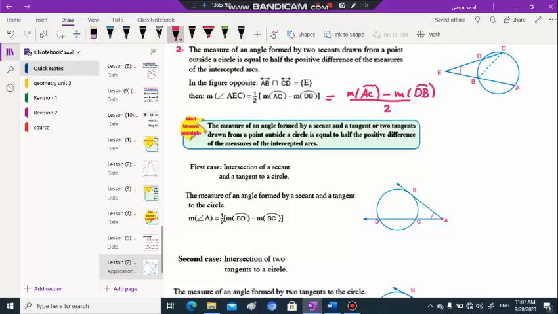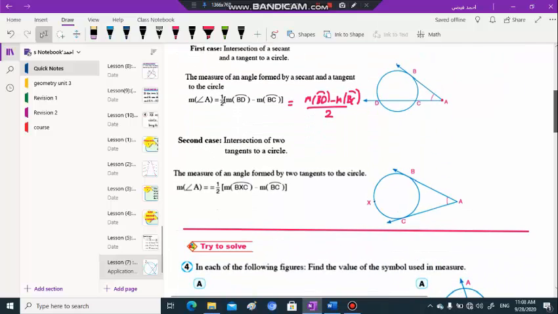So the measure of angle A is half times the measure of arc BD minus the measure of arc BC. Or we can write it as the measure of arc BD minus the measure of arc BC, divided by 2. And we have the second case, the intersection of two tangents to a circle.